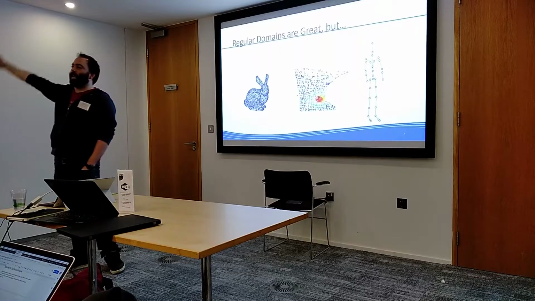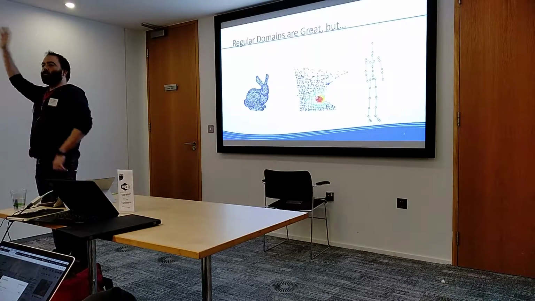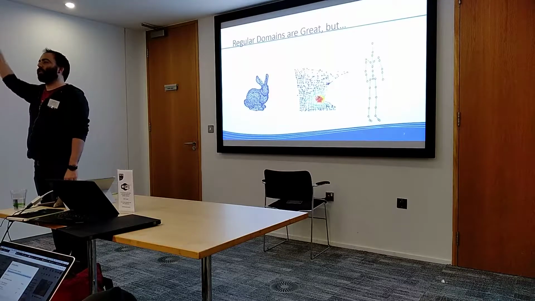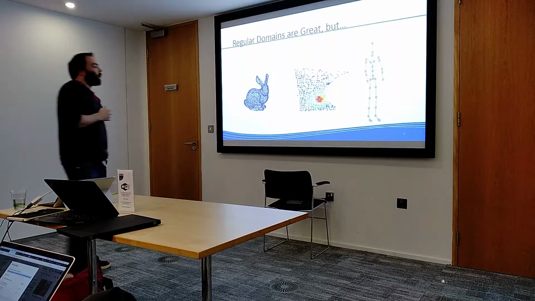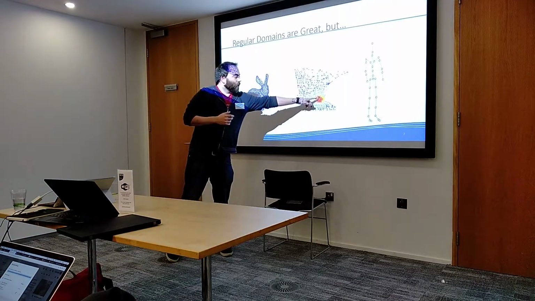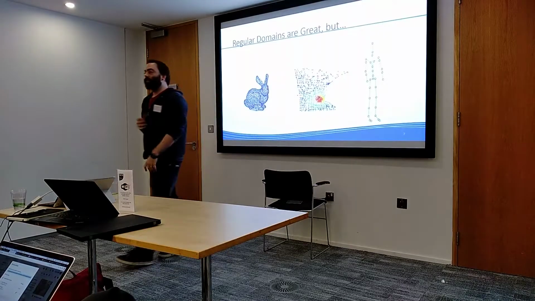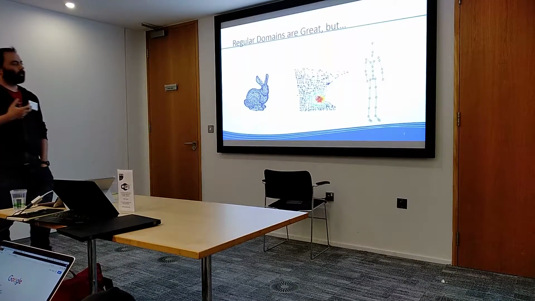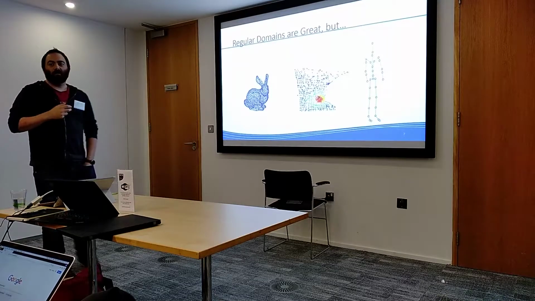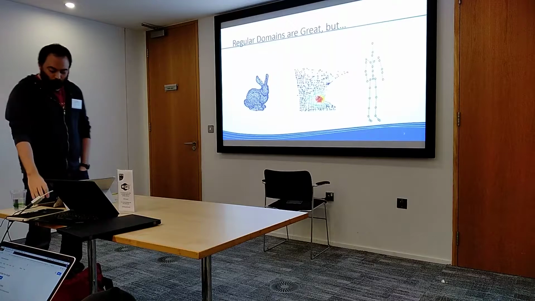If I move this hand, I expect this hand and this elbow to be more correlated than what my foot is doing right now when I'm performing the action of a wave. If I see a pileup of traffic in the center here, I expect this to be more related to these roads than to the roads in the outskirts of the city. So there is localized information that we'd like to understand, but we can't necessarily make use of a CNN to learn these.